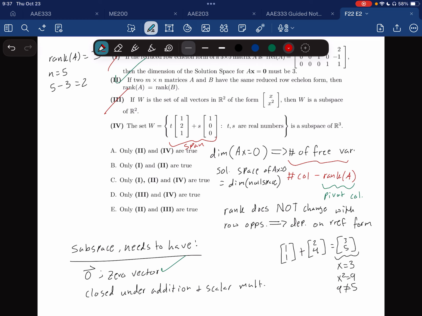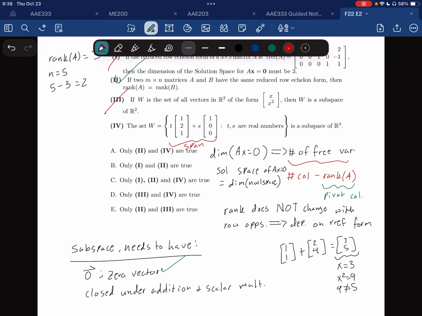Let's look at 4. W is defined as that. The T and the S really just mean it's the set of all linear combinations of the vectors (1, 2, 1) and (1, 0, 0). That's the definition of span for those two vectors.